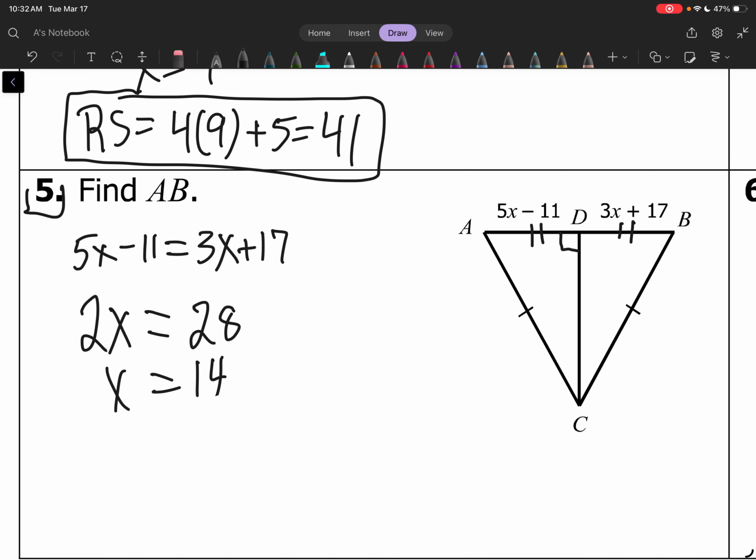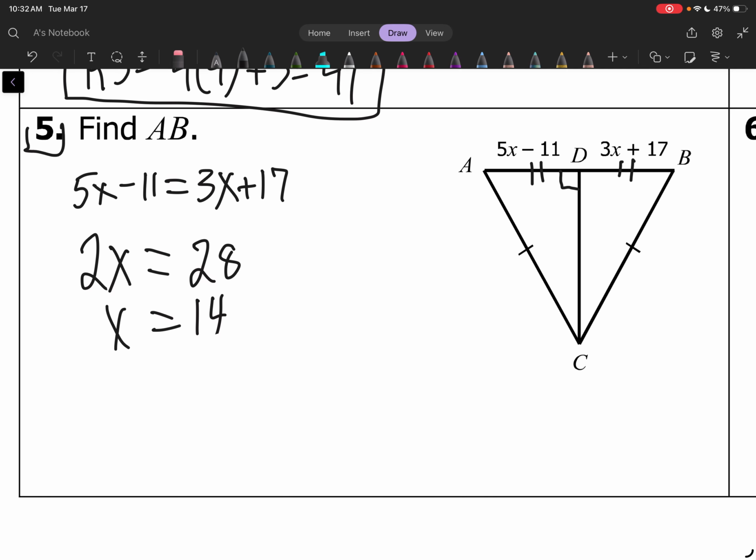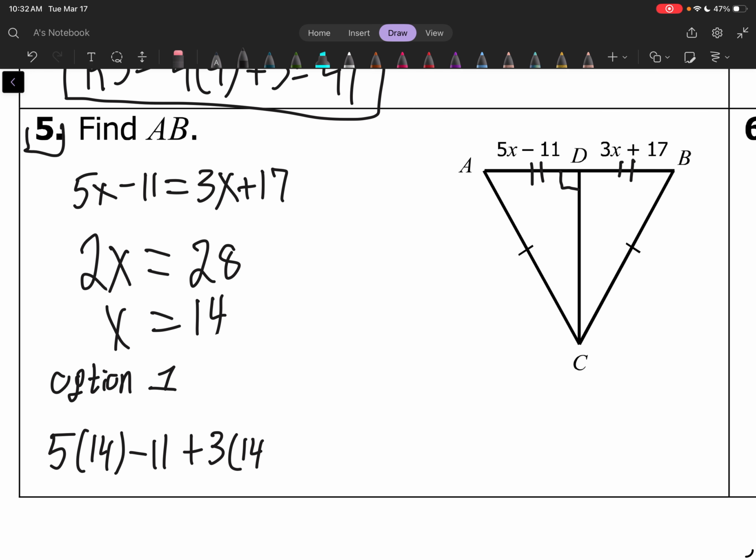Find the length of AB. You have two options. I'm going to work it both ways just to show you. I can use segment addition and say 5 times 14 minus 11 plus 3 times 14 plus 17 is equal to the length of AB.